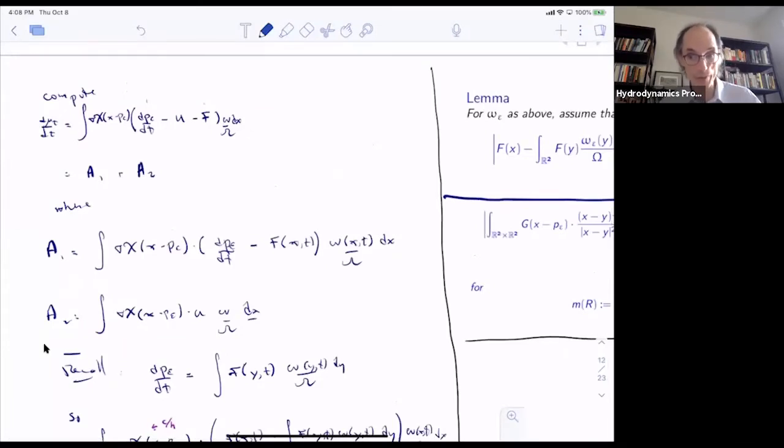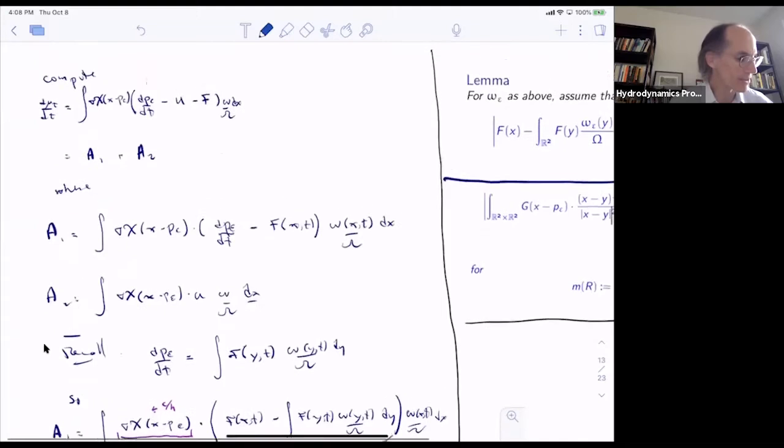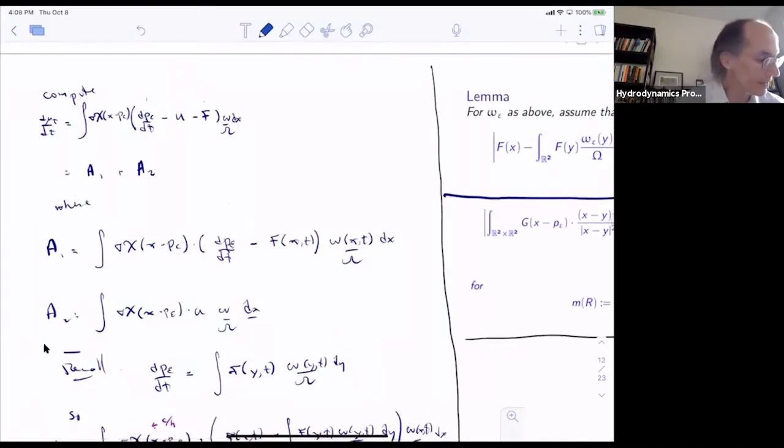We used our general formula for the derivative of a test function multiplied against the vorticity. We broke into two pieces called A1 and A2. I may have changed the notation since last time. So A1 is the term involving the velocity of the center of vorticity, and then the contribution from the forcing term, the background flow. And then A2 is the term from the velocity field generated by the vortex.